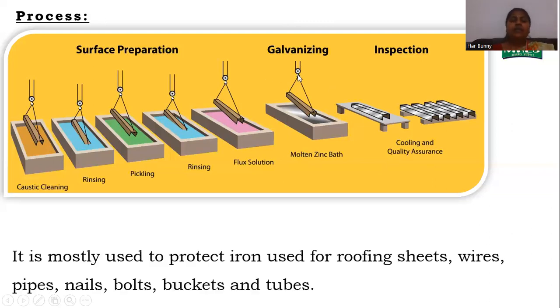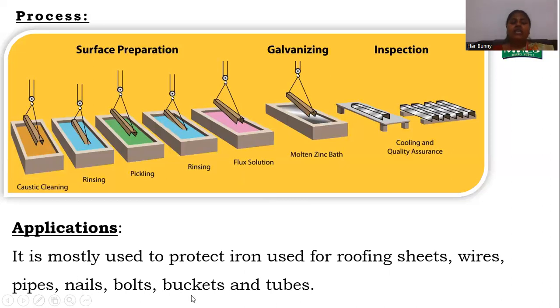So what are the applications of galvanization? It is mostly used to protect iron, which is used for roofing sheets, wires, pipes, nails, and bolts.